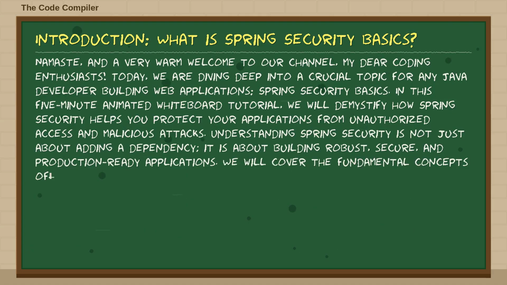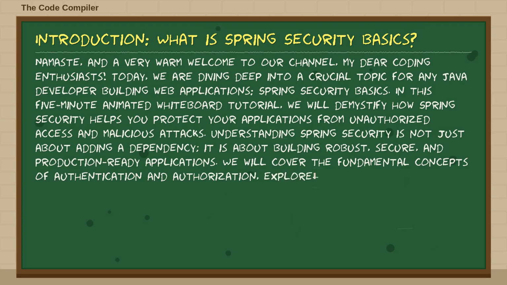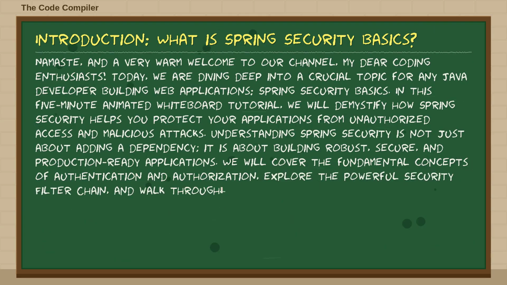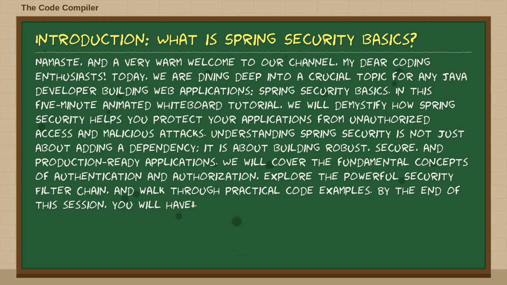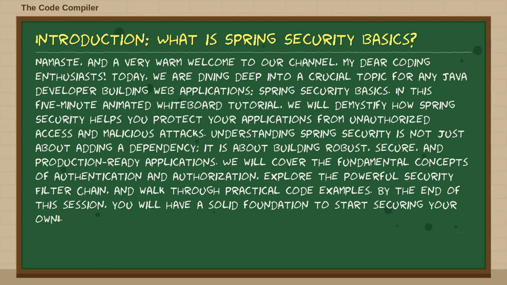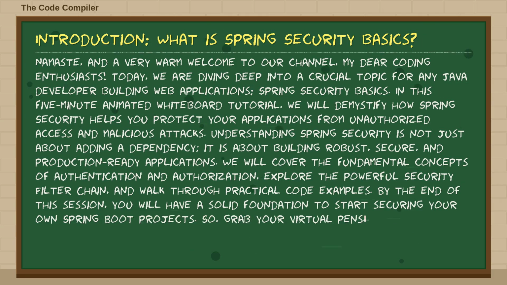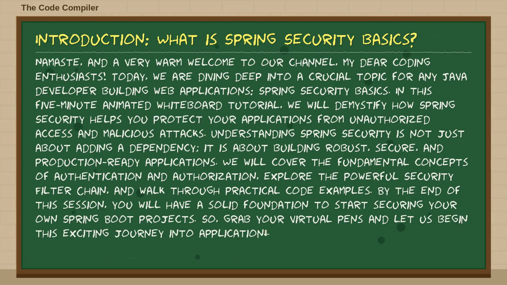We will cover the fundamental concepts of authentication and authorization, explore the powerful security filter chain, and walk through practical code examples. By the end of this session, you will have a solid foundation to start securing your own Spring Boot projects. So, grab your virtual pens and let us begin this exciting journey into application security.